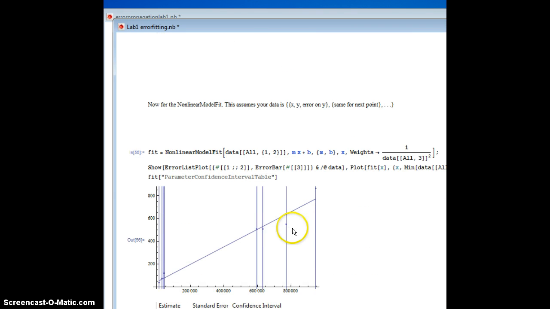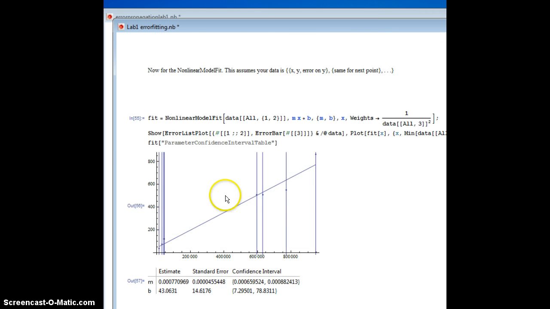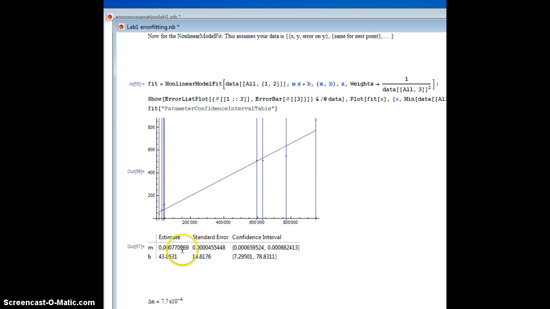Once I plot the data and then find the best fit, what we find is that we've got 7.7 times 10 to the negative fourth as our mean value for that delta n, with a confidence interval of 6.5 times 10 to the negative fourth all the way to 8.8 times 10 to the negative fourth.